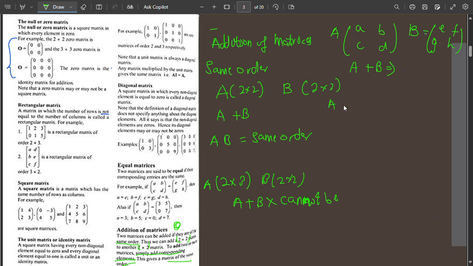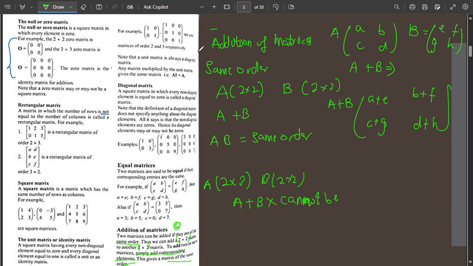So A plus B will become a plus e. That's for this side. Then we add the corresponding b plus f, c plus g, and d plus h. Very simple. It's just a simple algorithm.